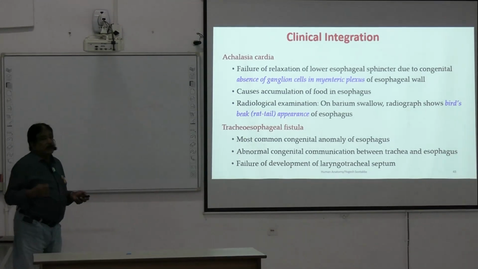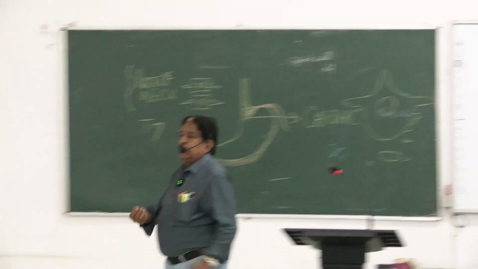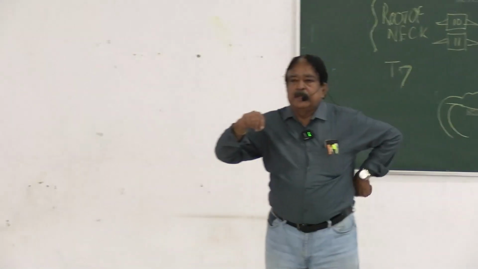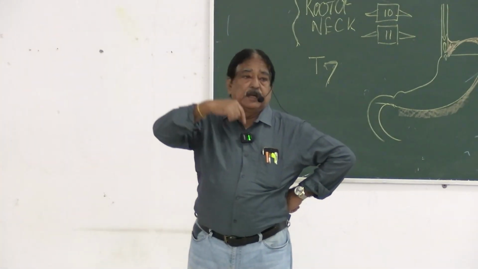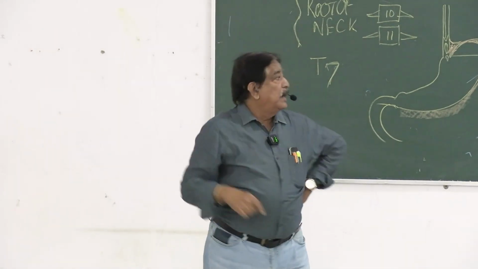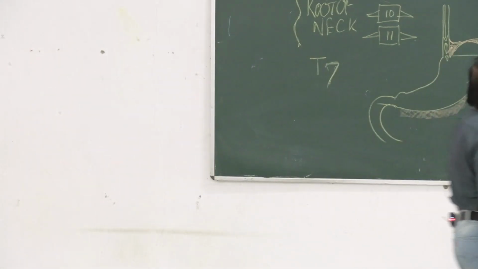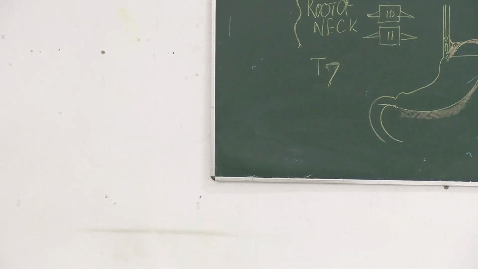Now, that's a neurological problem. So you order a barium swallow, and also upper GI endoscopy, and you see the rat tail appearance of the esophagus or beak.